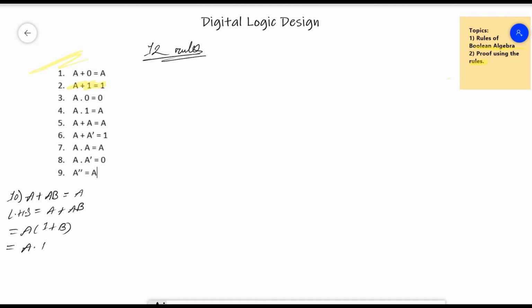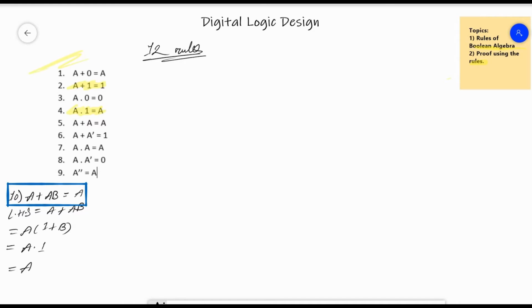So we can write 1 here and then we get A, because a variable into 1 gives us that variable back, as we can see from this rule that if any variable is multiplied with 1 we get that same variable back. So this was our rule number 10.